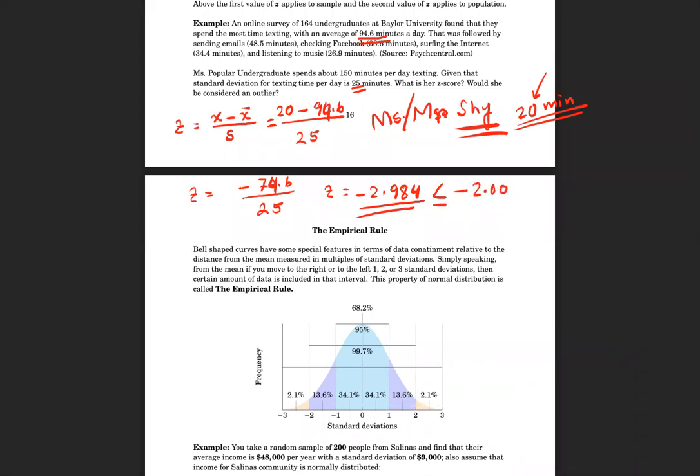So when z is greater than or equal to 2.0 or z is less than or equal to -2, that data point is considered an outlier. Outlier is a general term. It means it could be very big or very small compared to other data points.